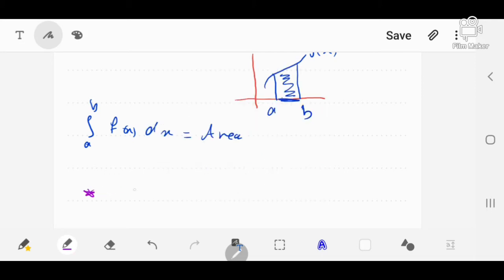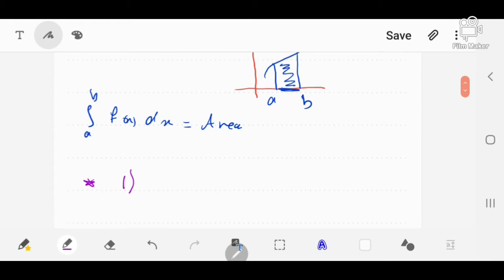What are the properties? The first property, according to this definition, says the integration from a to a of f of x dx equals, I believe that you can figure that out. If I'm talking about a to a, this means I'm talking about the same line here, so there is no area, so this should be equal to 0.